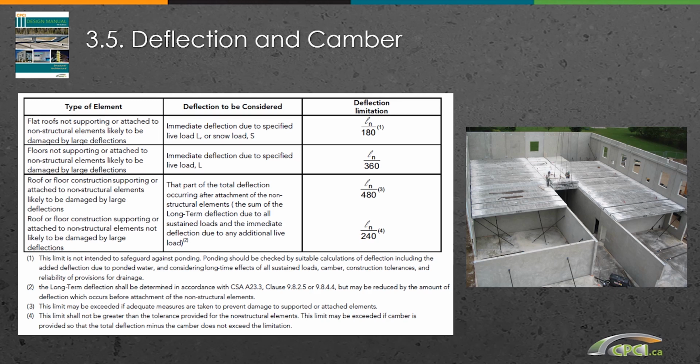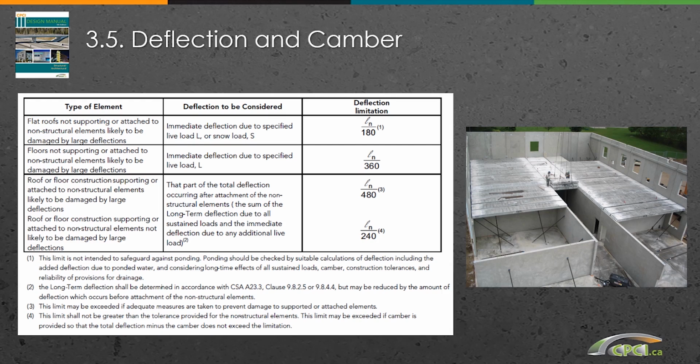And for the floors, same thing, immediate deflection due to live load, L over 360. And for roof and floor, if they are connected to something that will be damaged by the long-term deflection, the deflection will be L over 480 for the extra deflection that will happen after attachment of that particular element that will be cracking due to deflection.